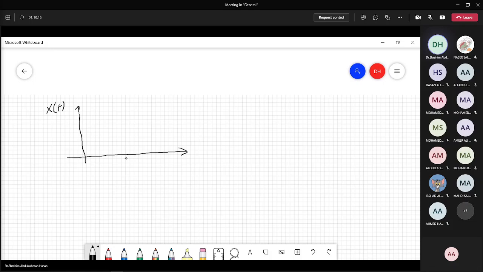So this is my x of t, here t, that we say I have this. Here 3, this is 7.